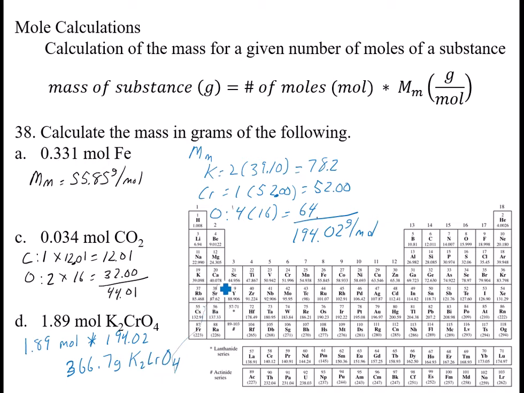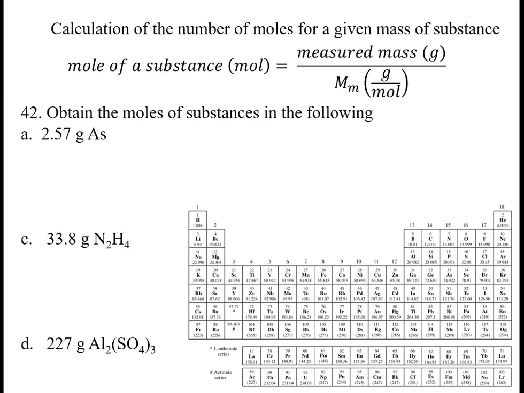Okay, so this is going to be a calculation that we're going to be using a lot, both in 1211 and in 1212. And this is an equation that is basically a manipulation of that one. So last time we had mass was the moles of a substance times the molar mass. But now we're trying to find the moles. So we take the mass divided by the molar mass to get the number of moles.